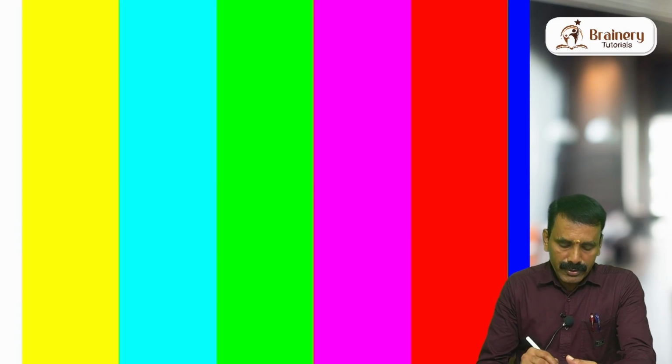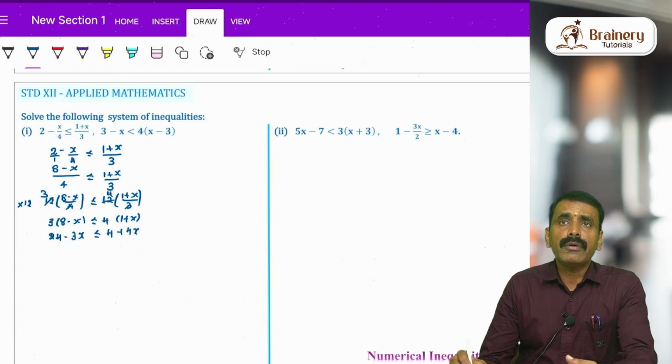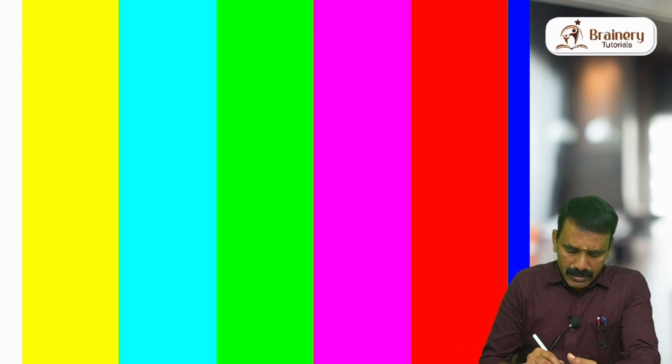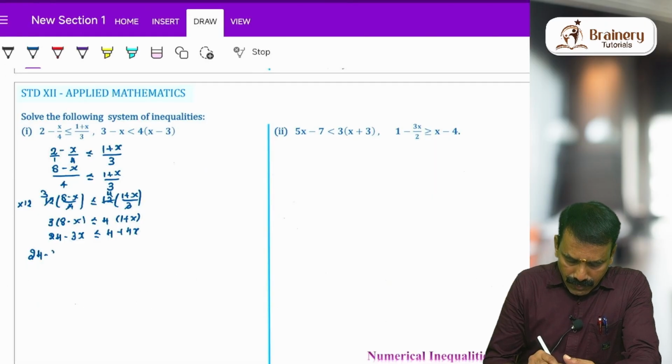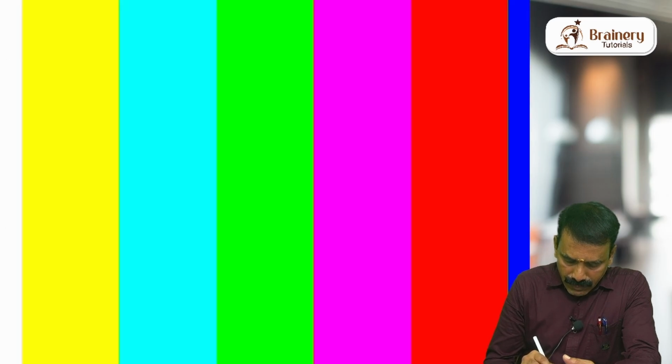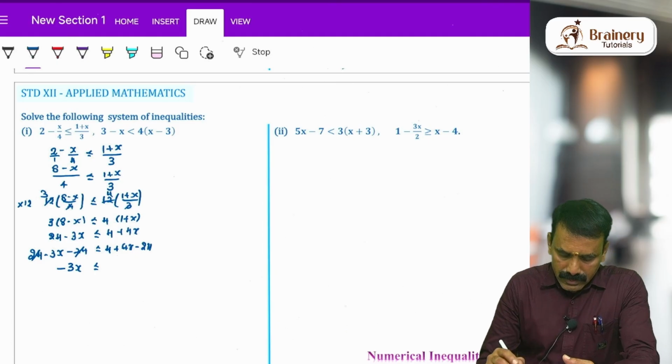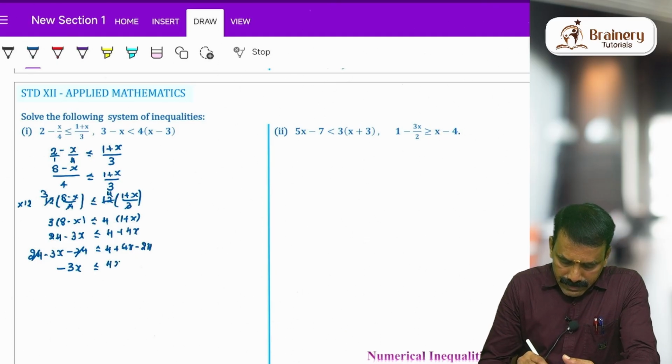On the left hand side we are having 24, so we try to remove 24. We add the additive inverse of 24 on both the sides. So 24 minus 3x minus 24 less than or equal to 4 plus 4x minus 24. So 24 gets cancelled, and we get minus 3x less than or equal to 4x plus 4 minus 24, which is minus 20.